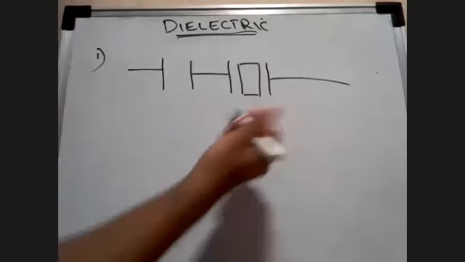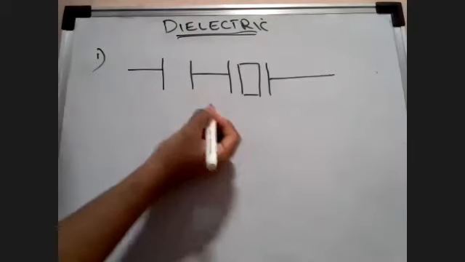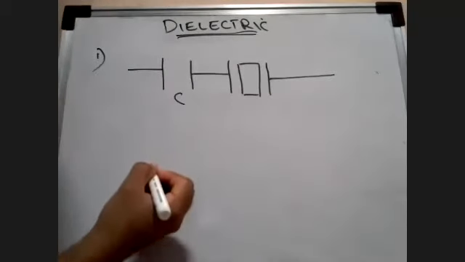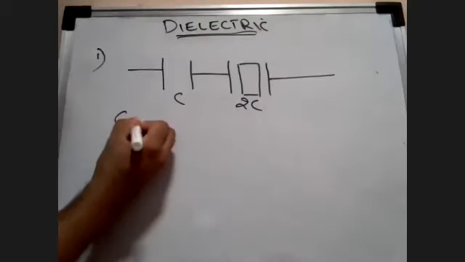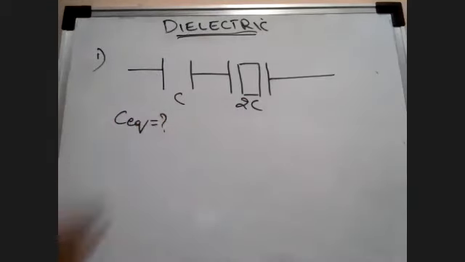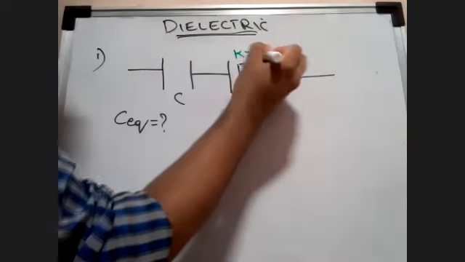If I say this is C and this is 2C, tell me what is C equivalent equal to? Let's say that this has a value of K equal to 2.